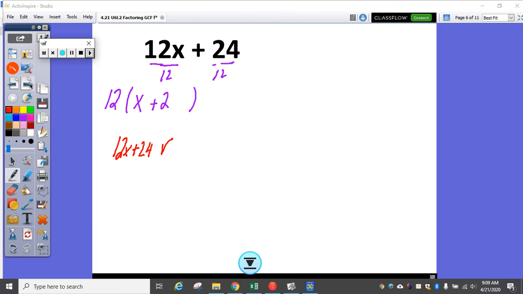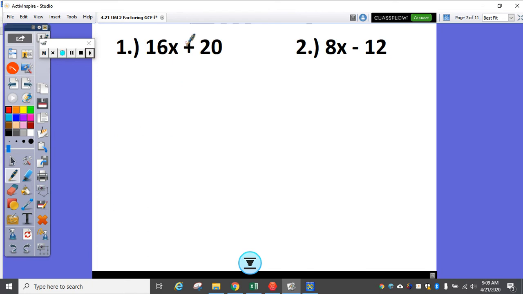All right, so let's look at these two problems right here. So what is the largest number that will go into 16 and 20? Largest number given 16 and 20. 4.